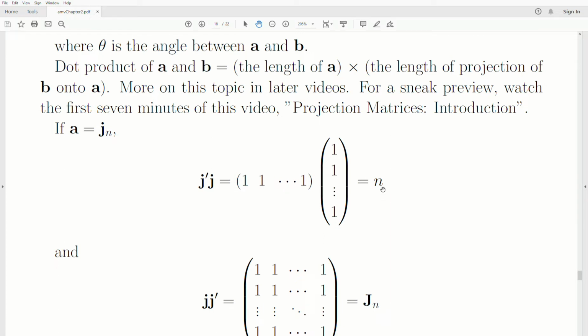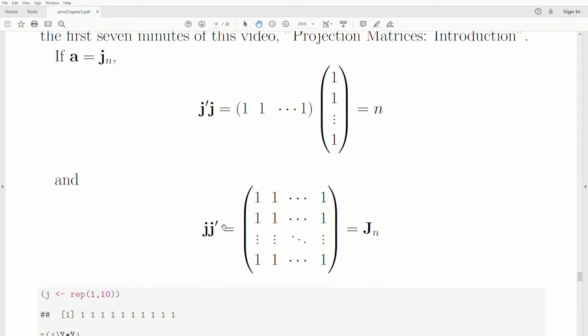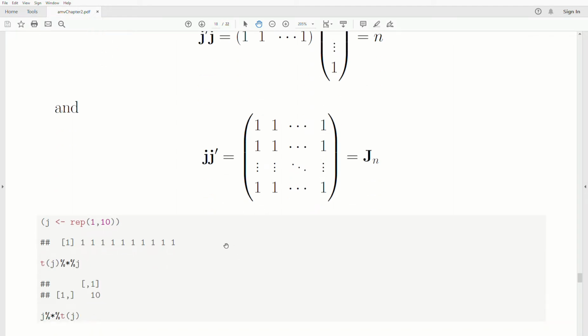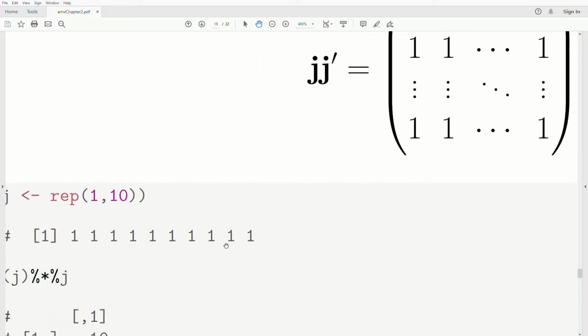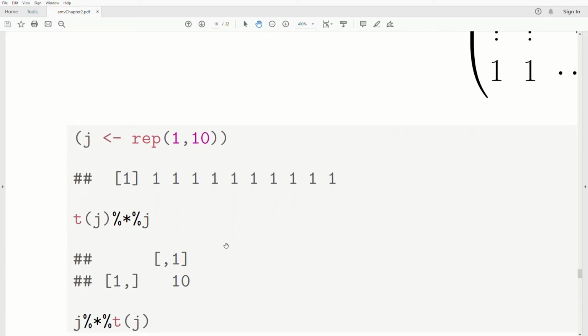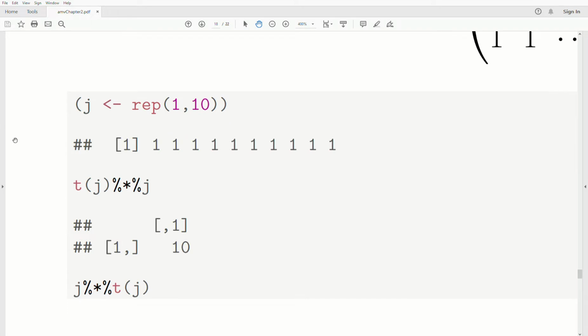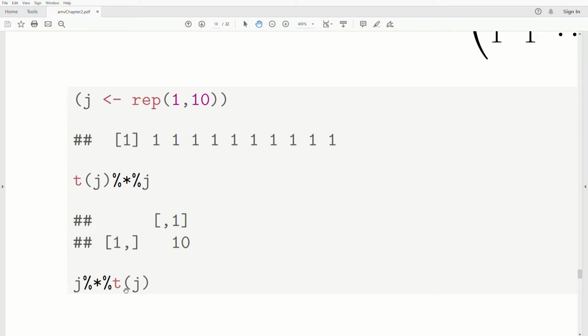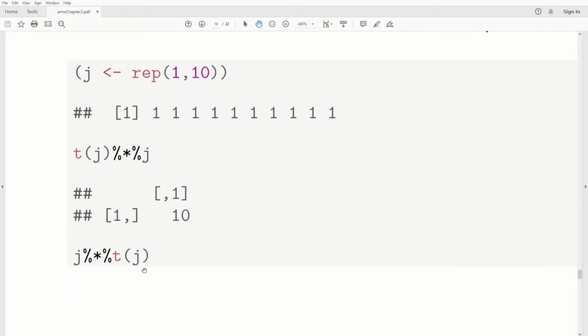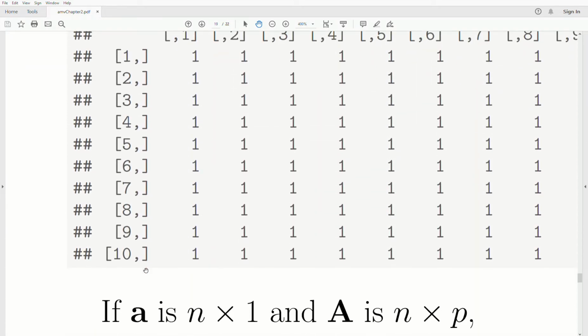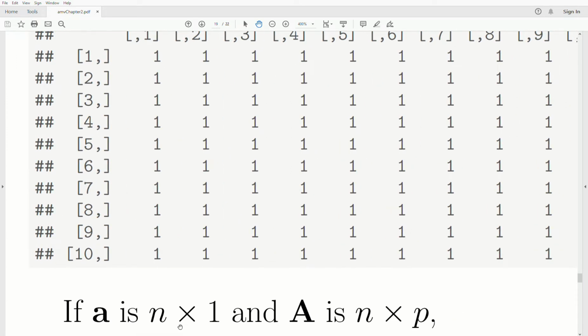We're summing 1 n times, so it's n. Now j j transpose creates an n by n matrix of all ones, which we denote by capital J. If we look at this in R, we create a vector of ones, and then j transpose j is 10, the number of components, and then j times j transpose creates a 10 by 10 matrix of all ones.